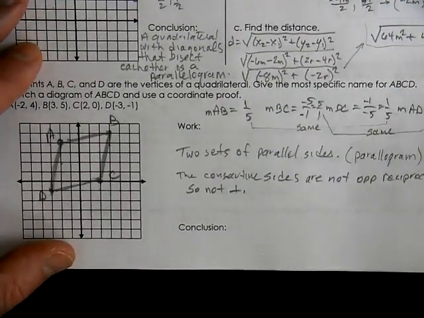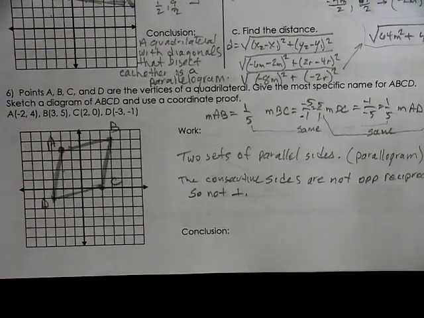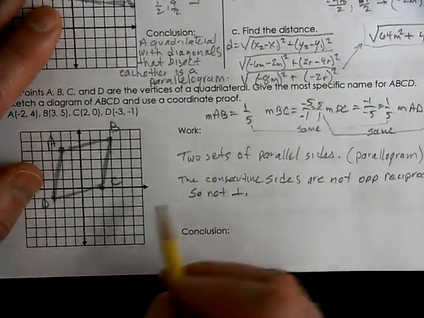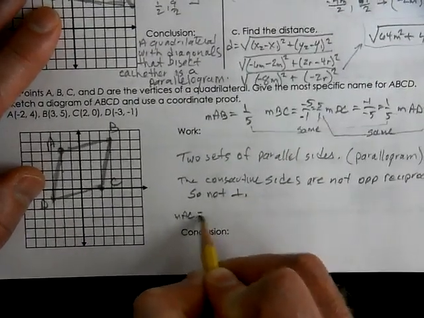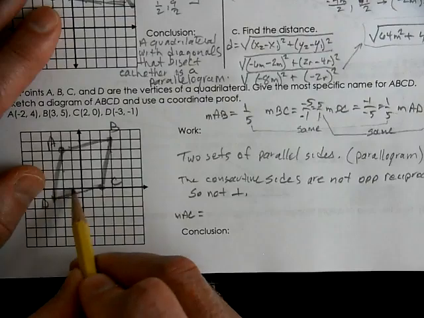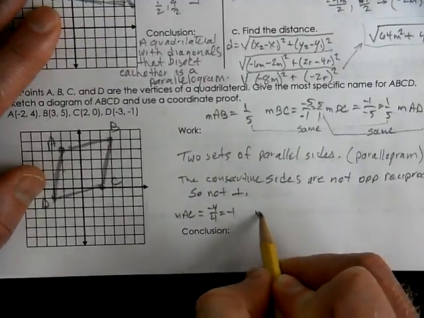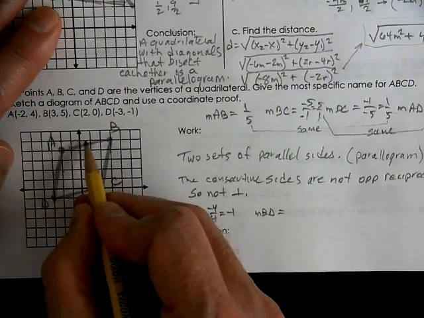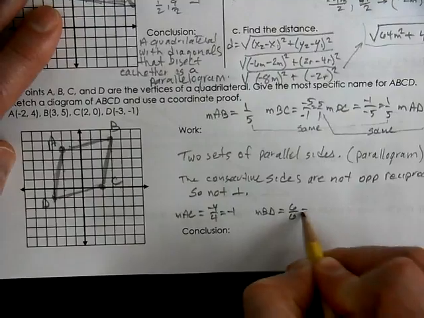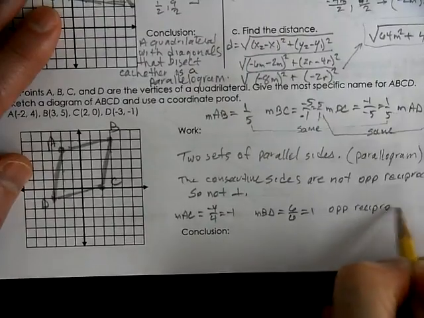And then we could look at the diagonals to see if they're perpendicular. If they're perpendicular, then this is a rhombus. We don't have to look at side lengths. So the slope of AC is down 1, 2, 3, 4, down 4 over 4, so that's -1. And the slope of BD is up 1, 2, 3, 4, 5, 6, over 1, 2, 3, 4, 5, 6. Opposite reciprocals.